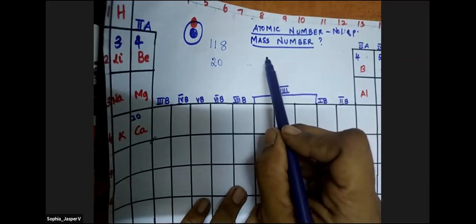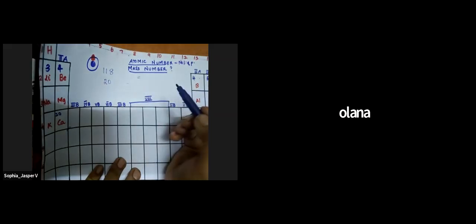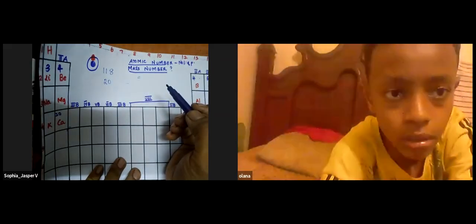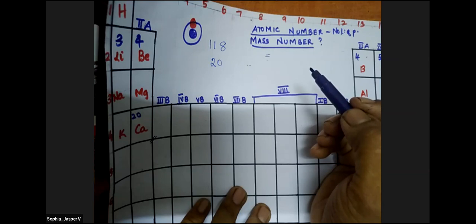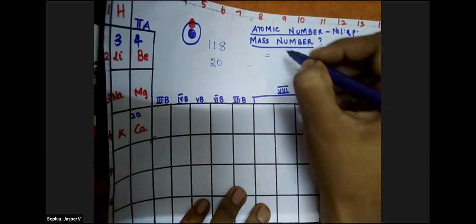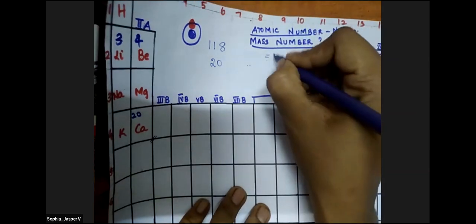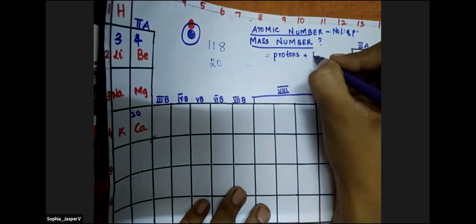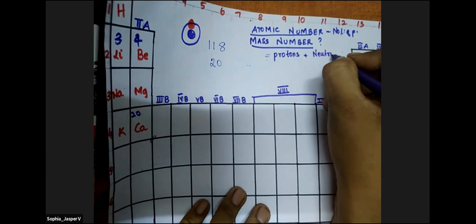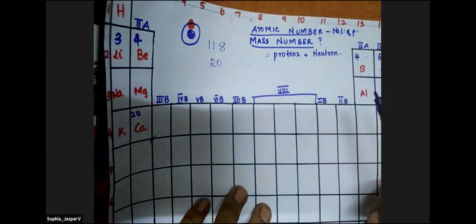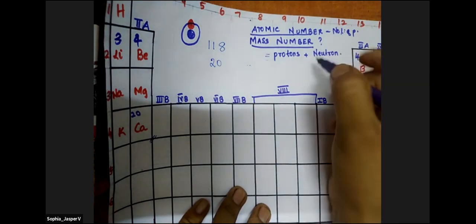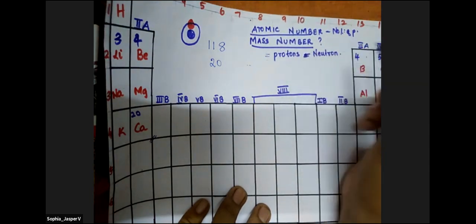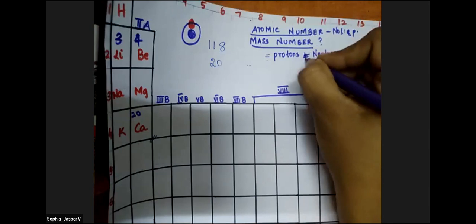Mass number is the total number of protons and neutrons. It means proton plus neutron: total number of protons and total number of neutrons.